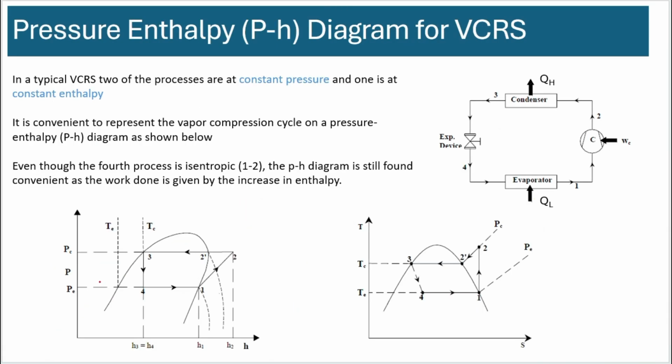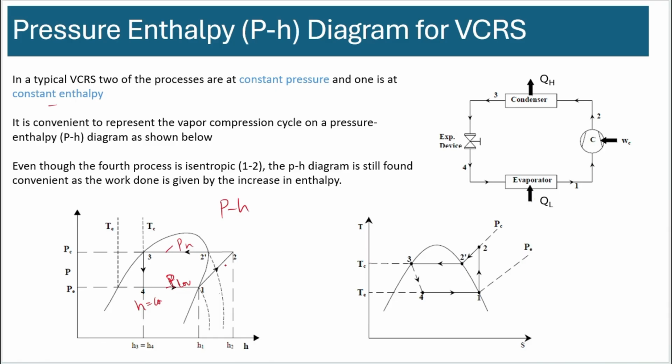So because of two constant pressure and one constant enthalpy process, vapor compression cycles are typically represented on a pH diagram, because there's two pressure high, pressure low, right? Two processes that are pressure related, and another process that is enthalpy related, H equal to constant here.